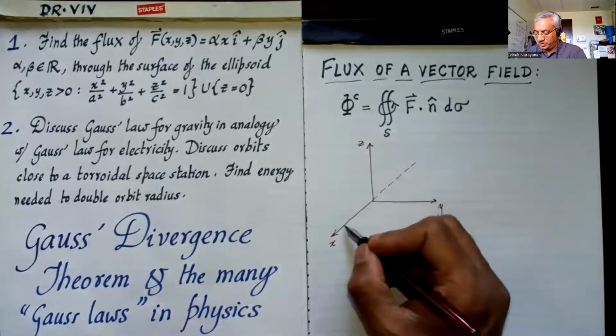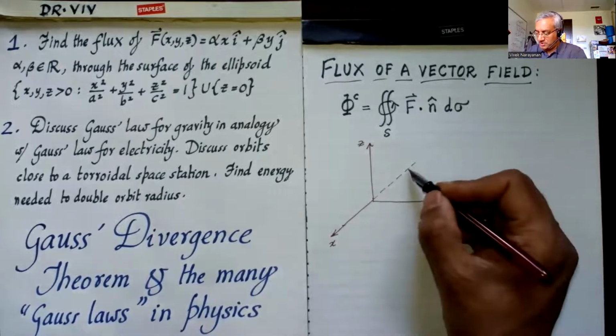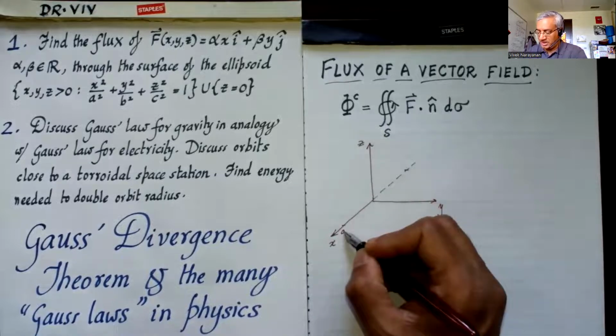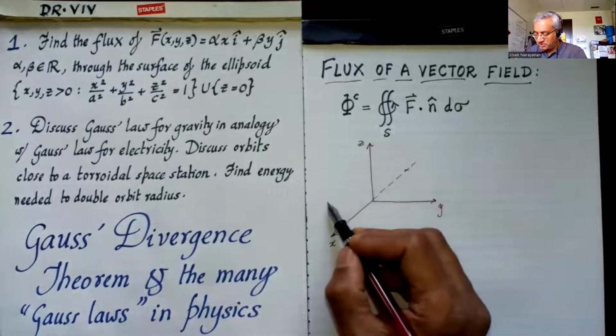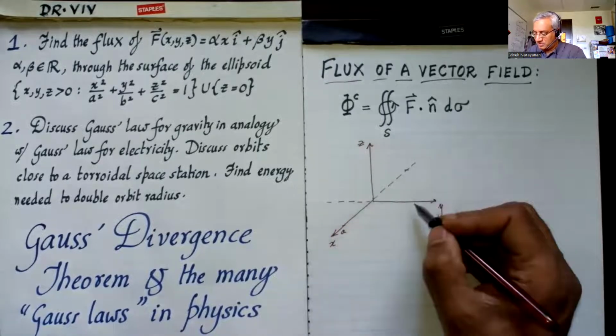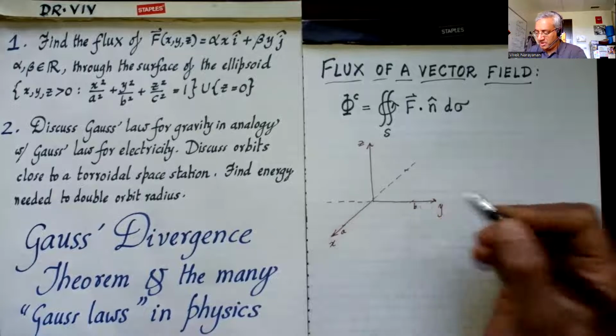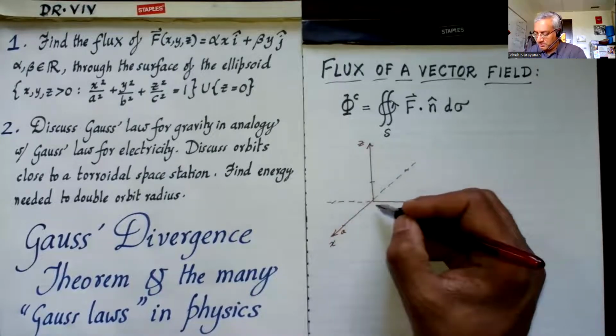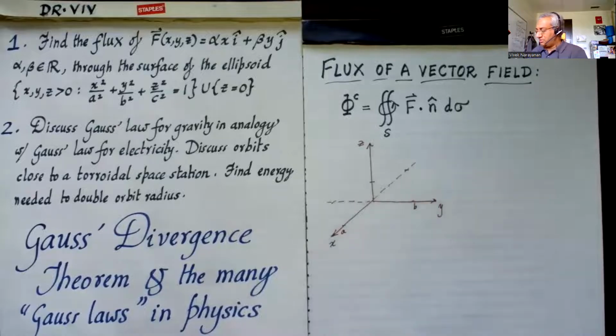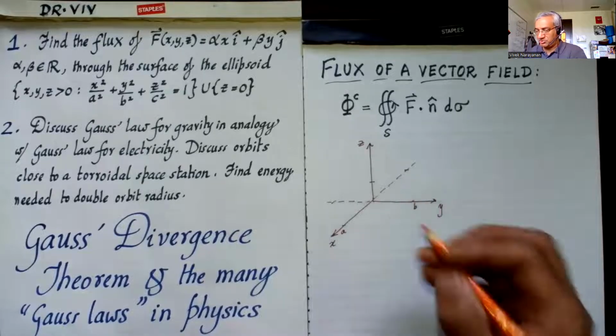I'm going to, for security, mark out that's a, it's minus a, and then that's b, trying to make a, b, and c look different, and that is c. Okay, so the ellipsoid.